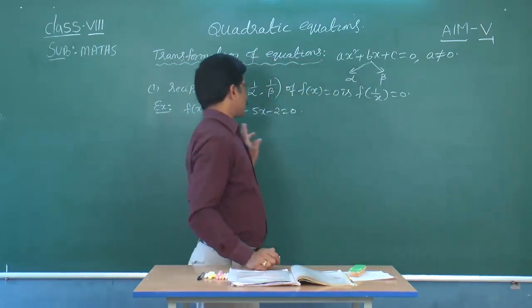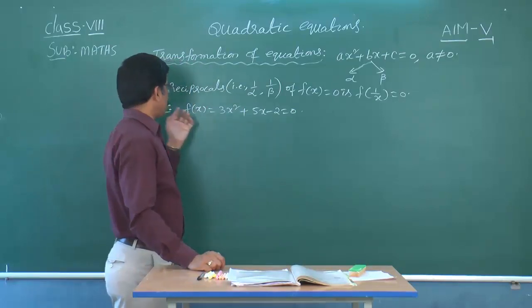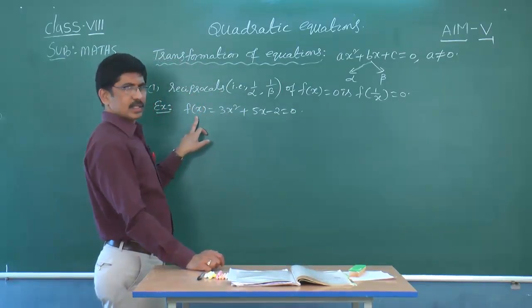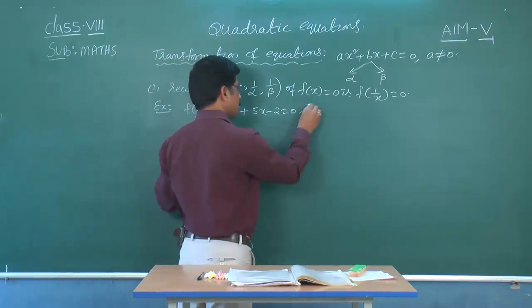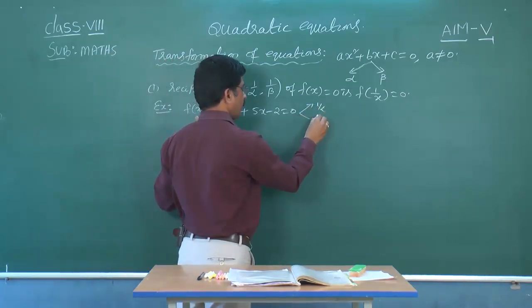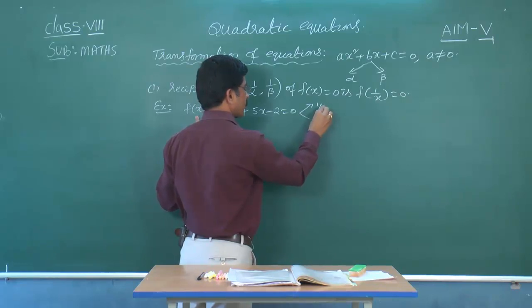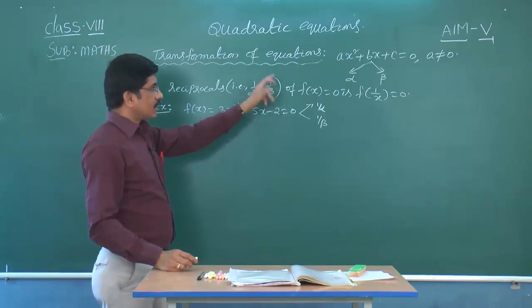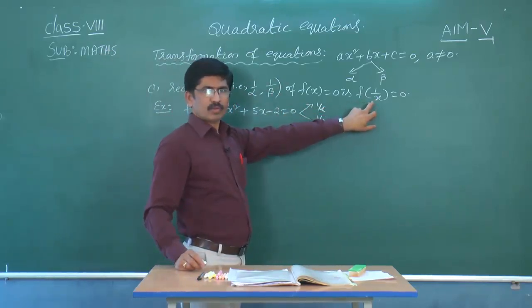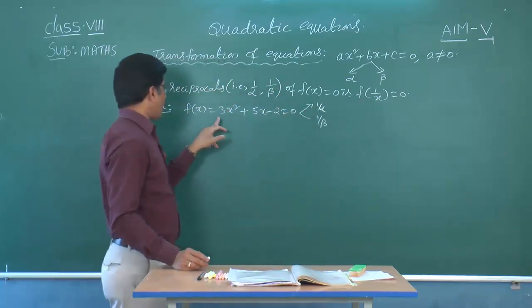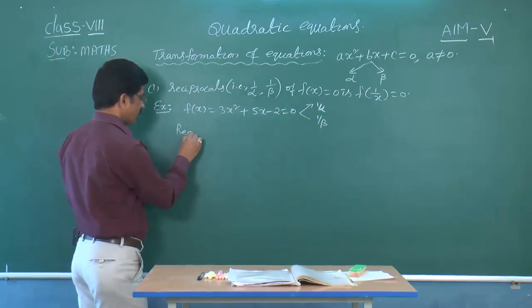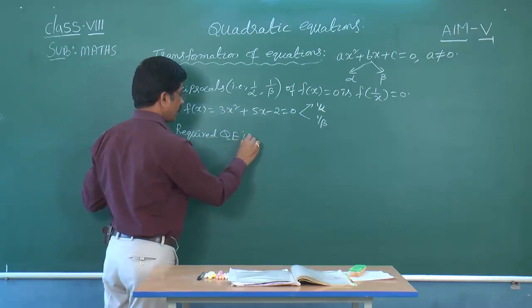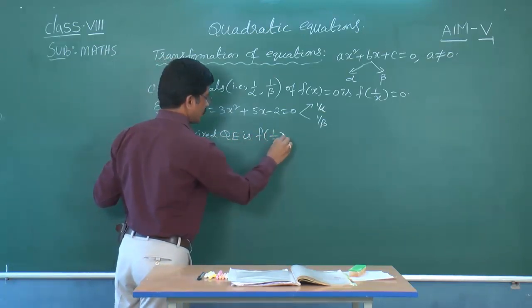Suppose it has two roots, alpha and beta, but we are taking the reciprocals of the roots as 1 by alpha, 1 by beta. Then the required quadratic equation is f of 1 by x is equal to 0.